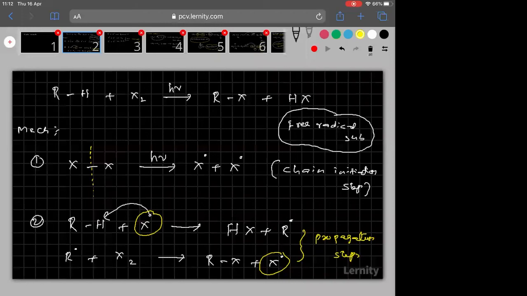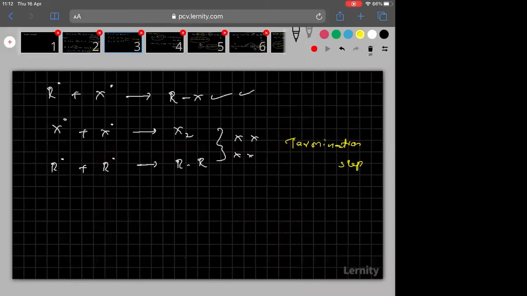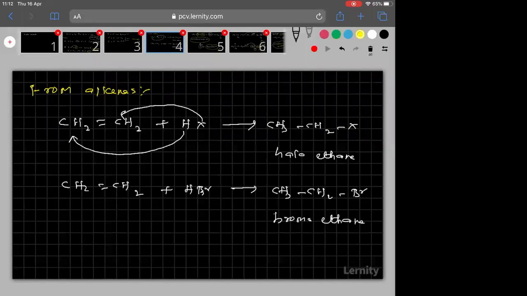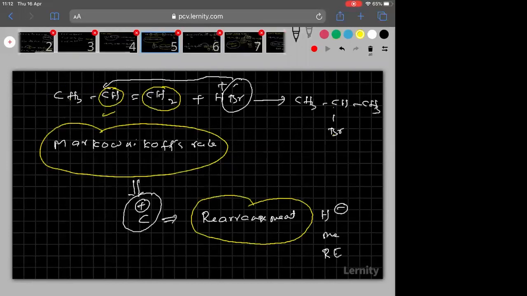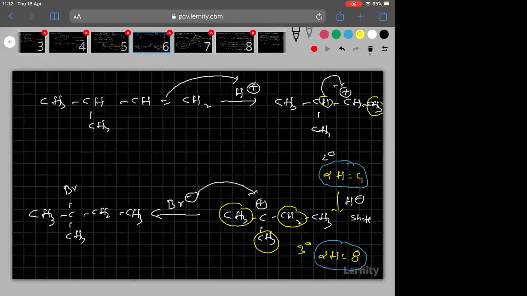So the next slide you see clearly here. Then after the next slide, this one from alkenes. Then after the next slide, where I explain Markovnikov rule. Then after this one, here I explain the rearrangement.